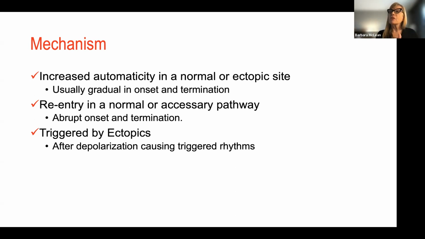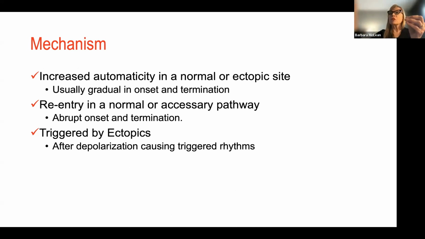Now, we're going to add into that the ability to re-enter. So there is re-entry of electrical activation back up through a normal pathway. That typically does not cause significant problems, but you could see that in atrial tachycardia and atrial flutter. That's really about the atria and not the ventricle. But when we see reentry through an accessory pathway, the accessory pathway bypasses the AV junction.